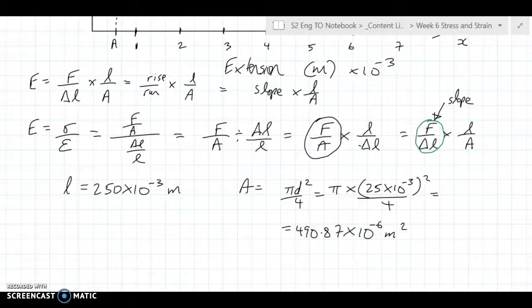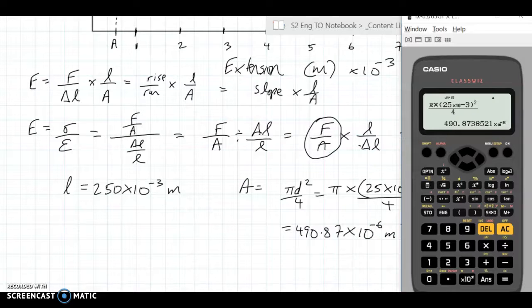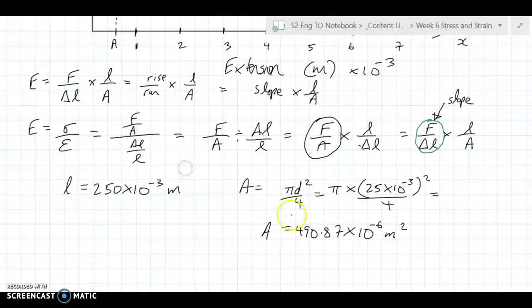And that's square meters. And that is our area, right?